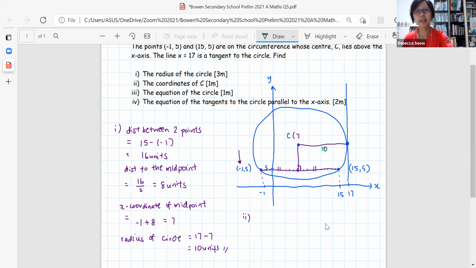Now, where do I get my 8 squared? Remember, the distance to the midpoint is 8 units. So this is 8 units. This is also 8 units.